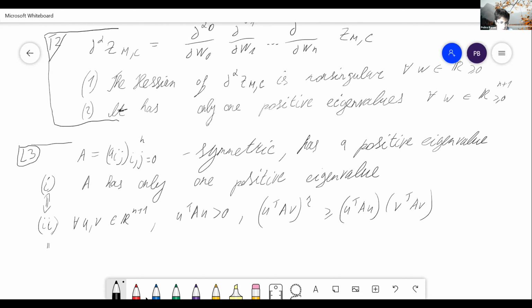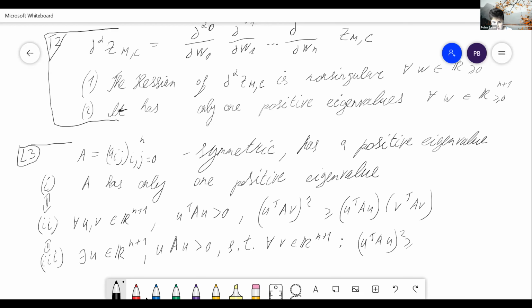And very similar, there is a vector U belonging to Rn plus 1, for which this property holds, such that for any W belonging to Rn plus 1, we have the same inequality.